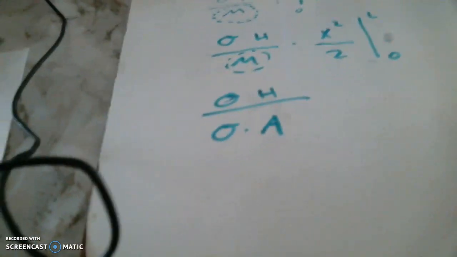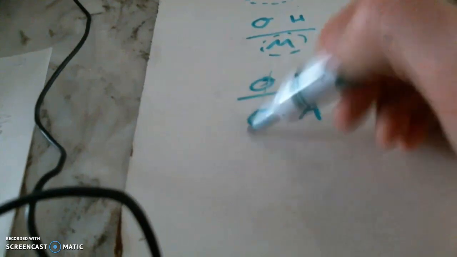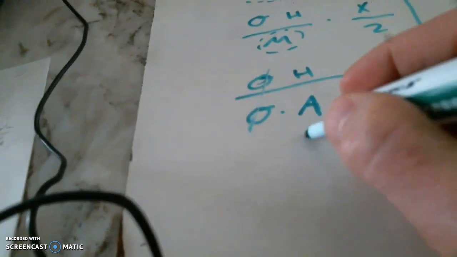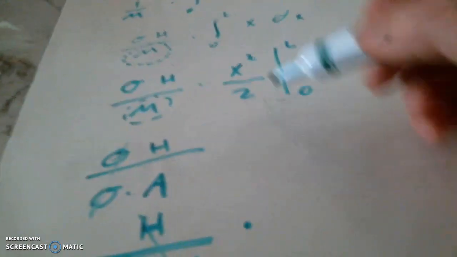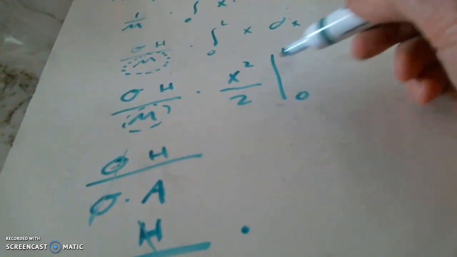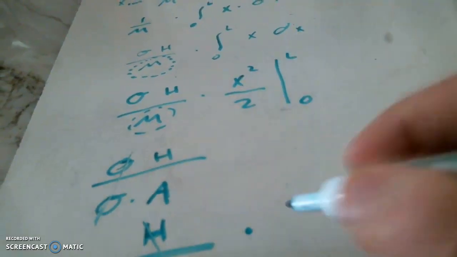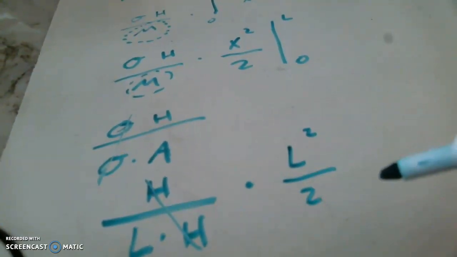So this will be then replaced with sigma h over sigma L times H, which means those sigmas and H's die also, don't they? And I'm going to multiply that by what this integral ends up being, which is L squared over 2.